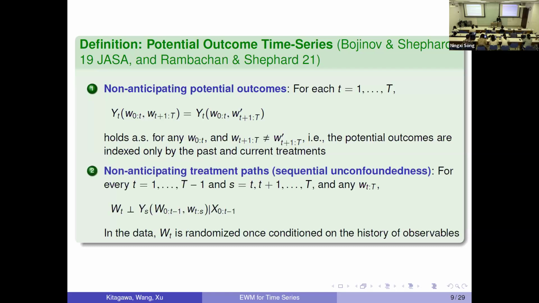The second assumption is a very common assumption in the causal inference literature, a non-anticipating treatment path, but a more common name is unconfoundedness. Of course, here we have time series data, so they call it sequential unconfoundedness. That basically says that conditional on the observable covariates, the future treatment is independent of the potential outcomes.